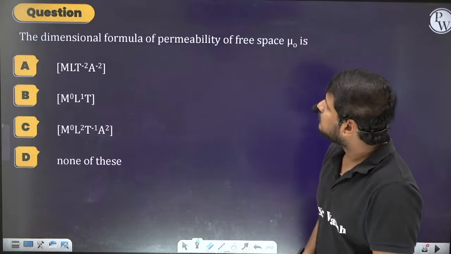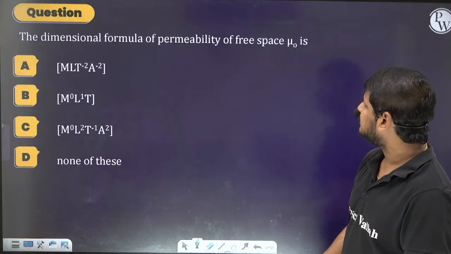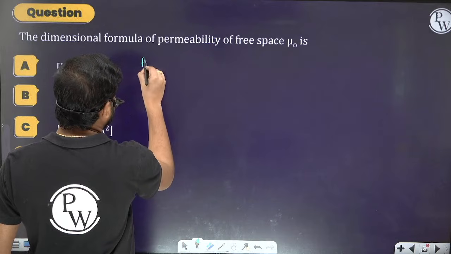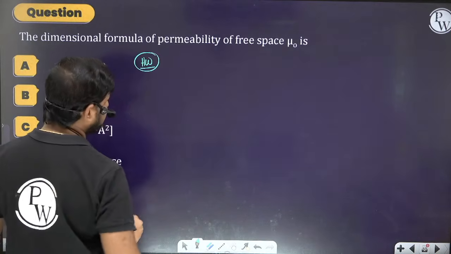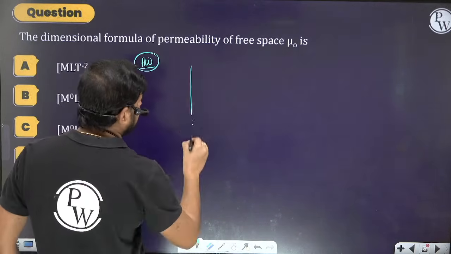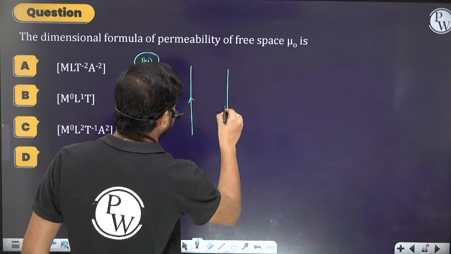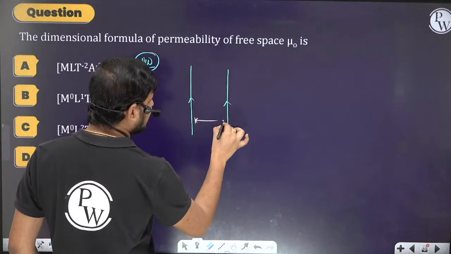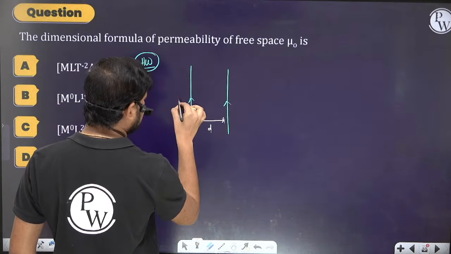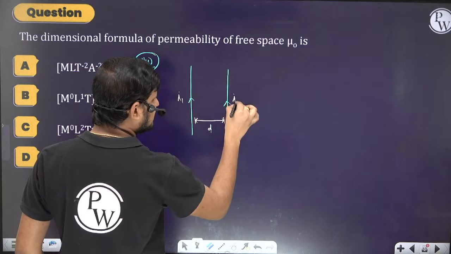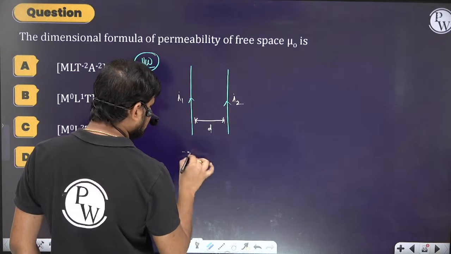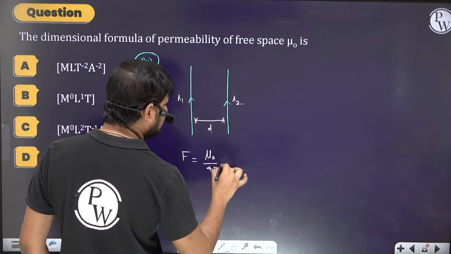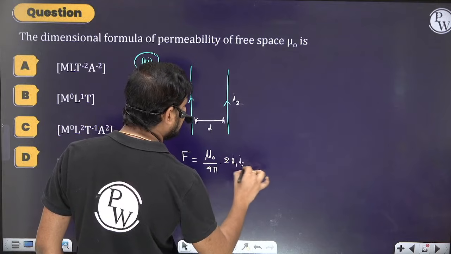Next, the dimensional formula of permeability of free space. Take this question as homework. I'll tell you the procedure. To get this formula, I'm using the force between two current carrying wires. Let the distance between them be D. Current I1 is flowing in one and current I2 in the other. The force between these two wires is given by mu naught by 4 pi into 2 I1 I2 by the distance.